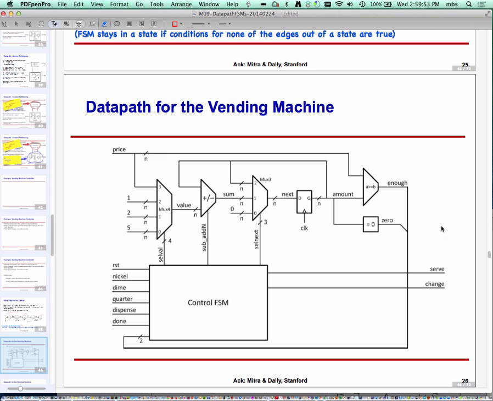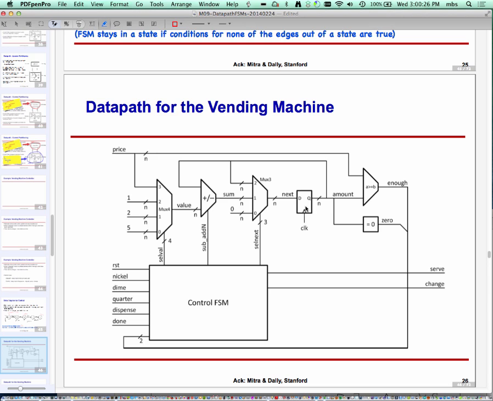This top part is my data path, and in this data path, I have to do some operations. Every time a coin is deposited, I have to keep track of how much money the user has deposited, and every time a coin is deposited, I have to update that. So what you see out here is that there's a multiplexer. It has values 1, 2, and 5 out here, and you see this plus and minus so that I can do an adder or subtraction.